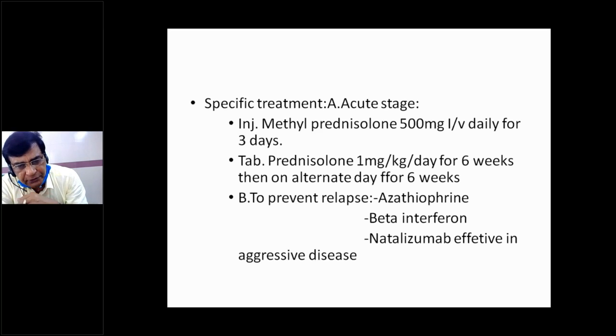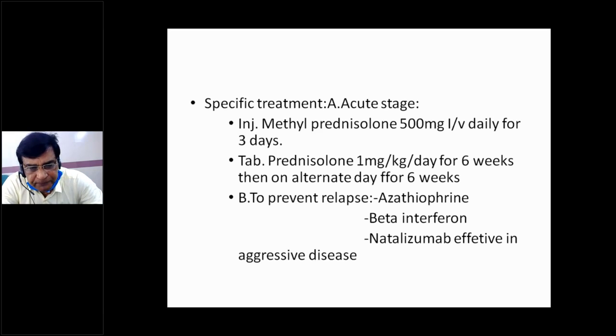Methylprednisolone is the drug of choice. Previously, oral prednisolone was advised, but nowadays pulse therapy of methylprednisolone can be given on different occasion or during exaggeration of symptom or acute stress. It is given, not oral prednisolone.